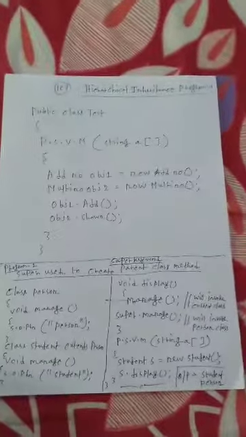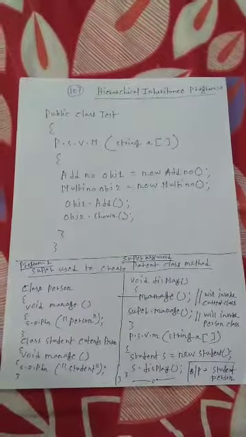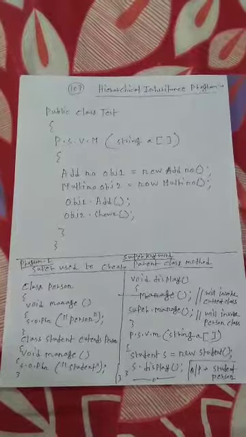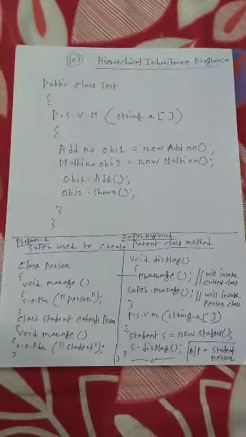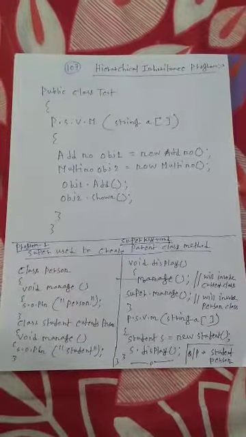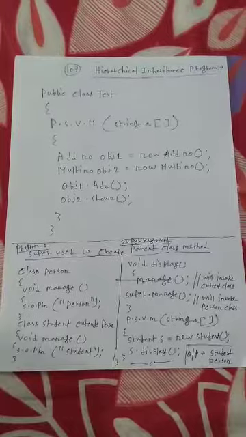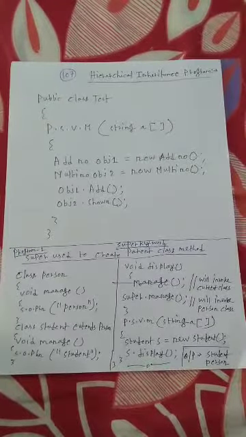Another example is super used to call the parent class method. Here class Person will be taken, here a void manage one function will be taken, and here Person can be printed, and class Student extends from Person, one subclass will be there, and here Student will be printed, and here a void manage one function will be taken, and void display here will be taken.